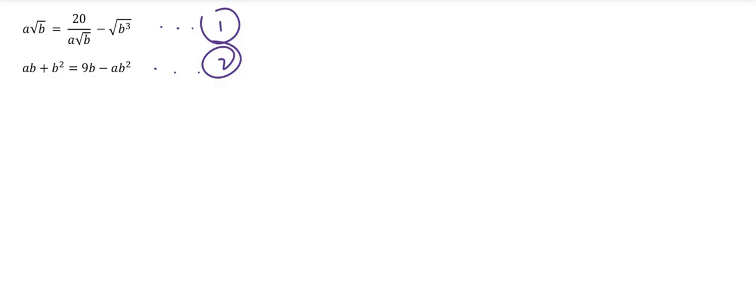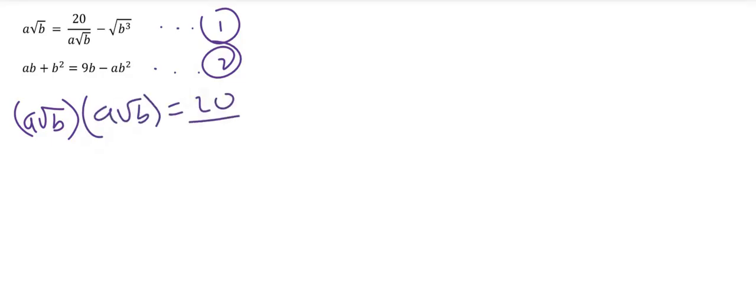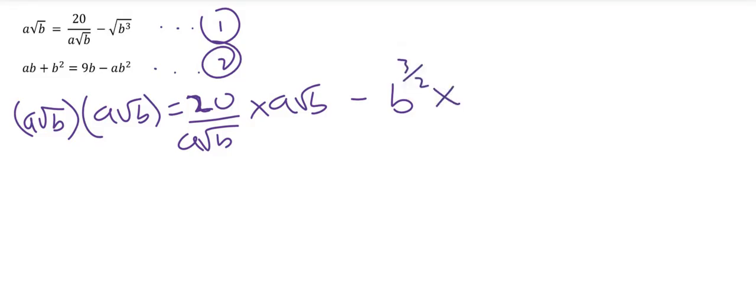So I can multiply everything by the denominator of this fraction. Which implies that a square root of b multiplied by a square root of b equal 20 over square root of a square root of b multiplied by a square root of b minus b to the power of 3 over 2 multiplied by a square root of b.